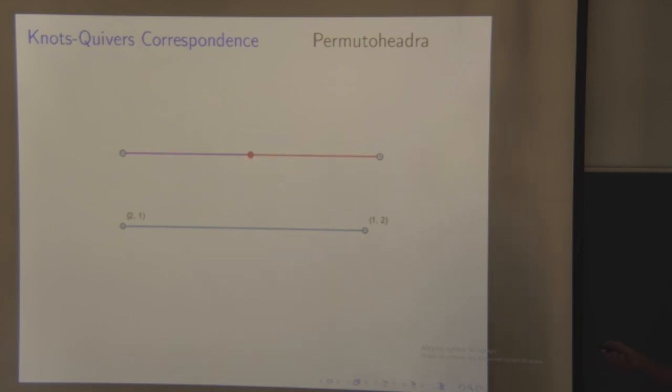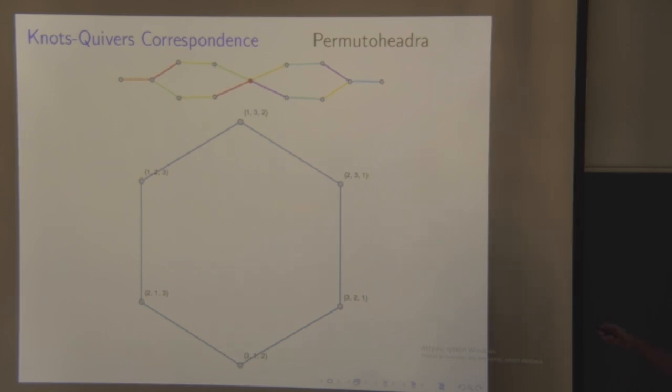So here we have one quiver associated to another by a transposition, then by another transposition. So they're joining two permutohedrons pi2 glued together on one edge. Here we have 2 hexagons glued at one middle point.